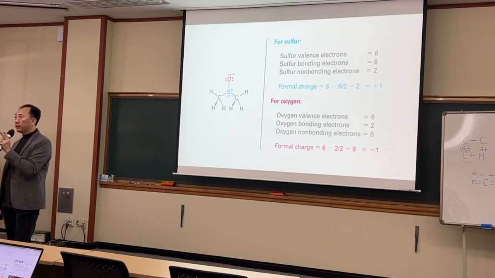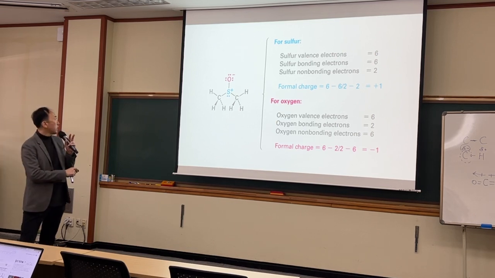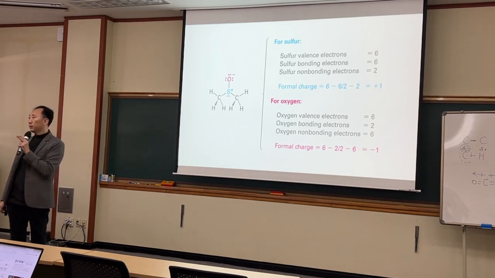Totally 5. Sulfur started with 6 electrons, but the ending position is 5 electrons. The result is plus 1. 1 electron missing means 1 negative charge is removed, then net 1 positive charge. So that's why the original 6 minus the ending number of electrons makes plus 1.